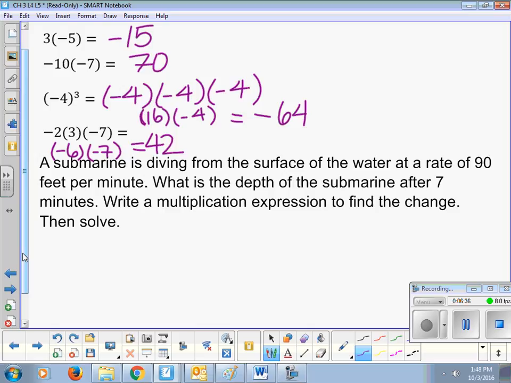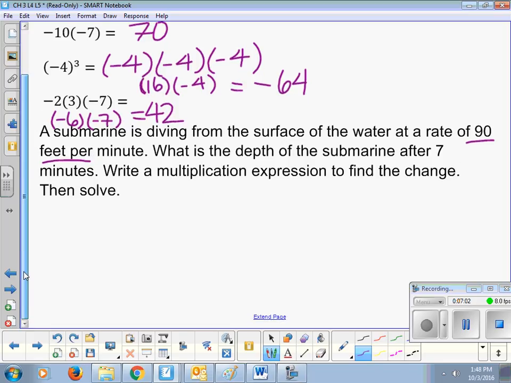Okay, for our last example, a submarine is diving from the surface of the water at a rate of 90 feet per minute. What is the depth of the submarine after 7 minutes? Write a multiplication expression to find the change and then solve. If it's diving from the surface at a rate of 90 feet per minute, is that negative or positive 90?